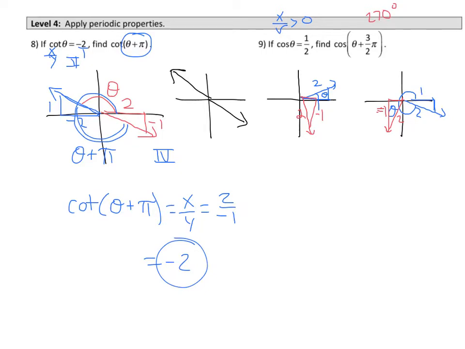And then we want to find cosine of this angle. So my x changed. Now I have to use Pythagorean theorem to find that missing side. So 1 squared plus x squared equals 2 squared, we get 1 plus x squared equals 4, x squared equals 3, x equals the square root of 3.